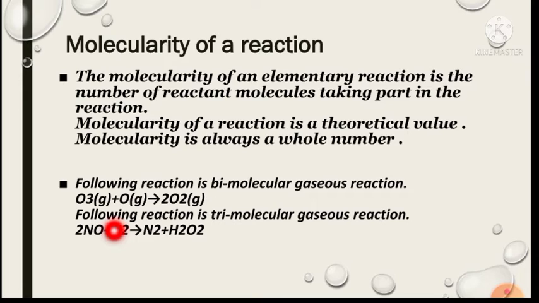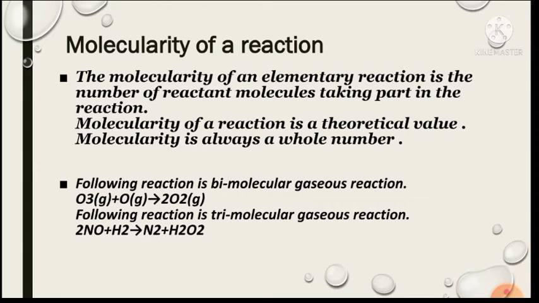So in very simple words, when we write a general chemical equation, we always use a balanced equation. We balance it. Whatever the number of molecules involved in a balanced chemical equation, we have to take the sum total, and that will be the molecularity of the reaction.